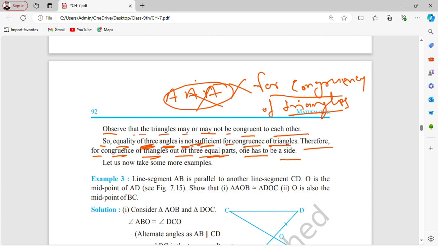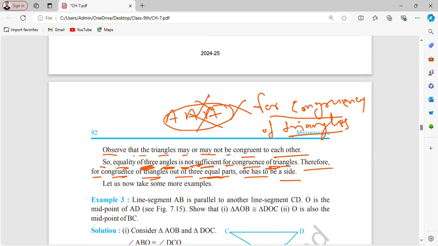So three angles will not be considered in the congruence rules of a triangle. So basically this is a representation of angle side angle congruency with two triangles.